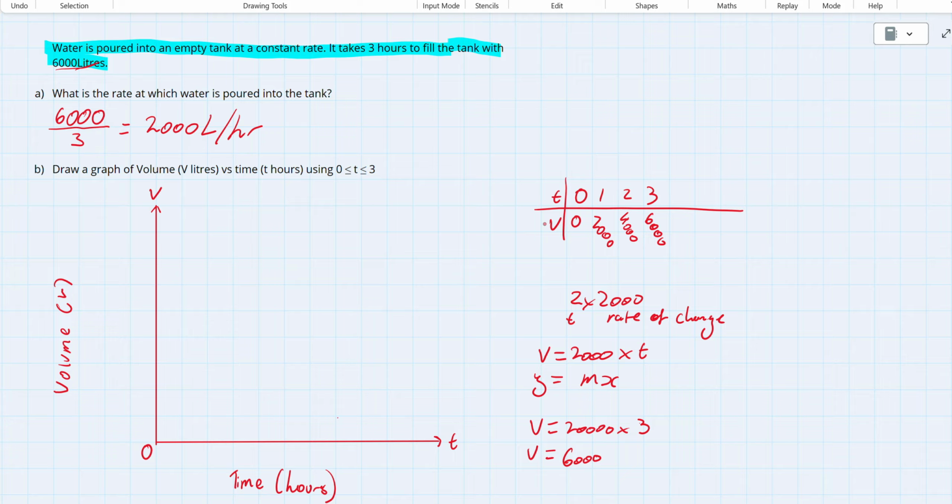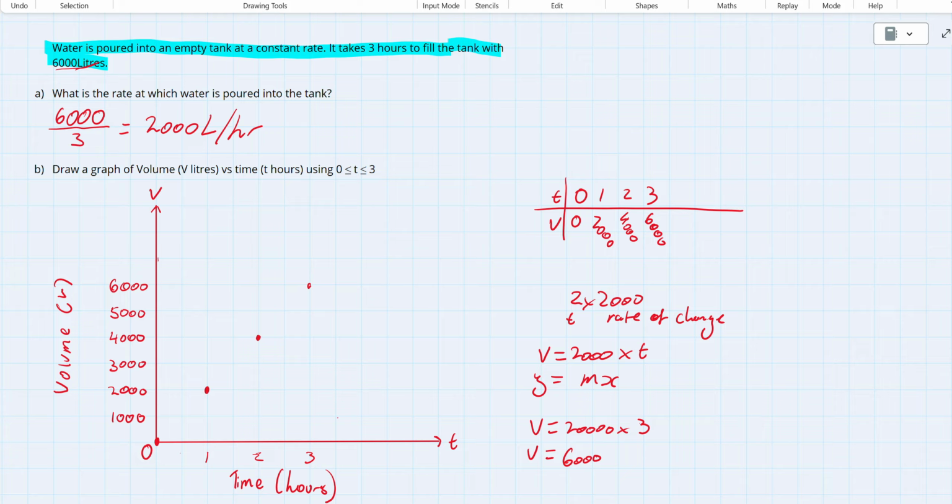So now we have our 4 data points. We're going to put them in, spacing them out nice and even. We've got plenty of room here. So we've got 0, and we have our axes values there. At 0 hours, it has 0 volume. At 1 hour, it has 2,000 litres. At 2 hours, it has 4,000 litres.